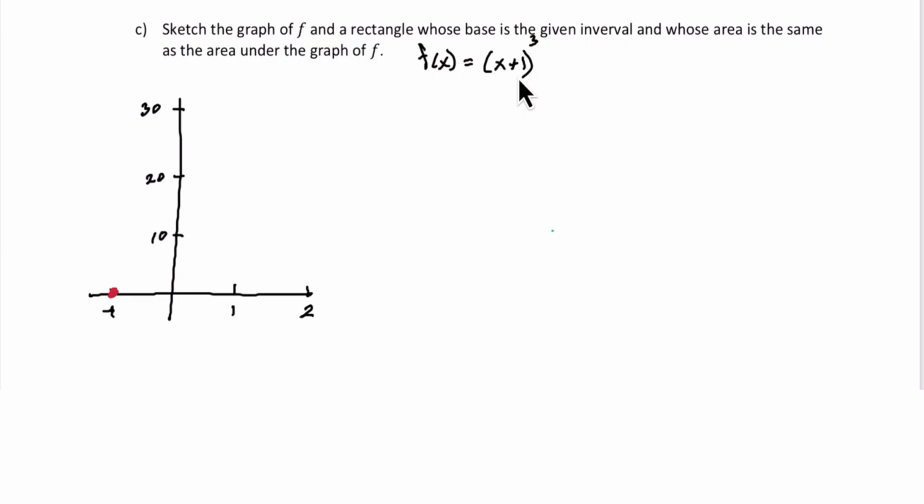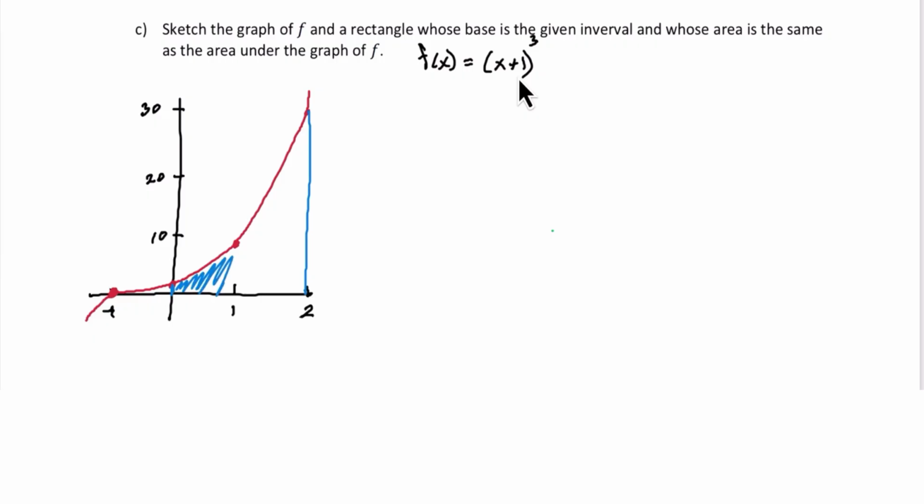So if we plug in 0, we'll get 1. If we plug in 1, 2 cubed is 8. And if we plug in 2, 2 plus 1 is 3, 3 cubed is 27. So the graph will look something like this. And we're focusing on 0 to 2.